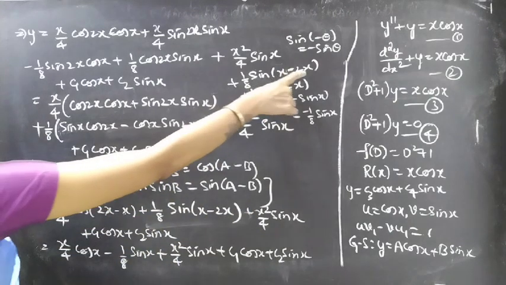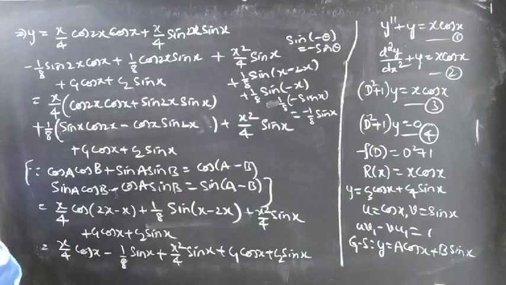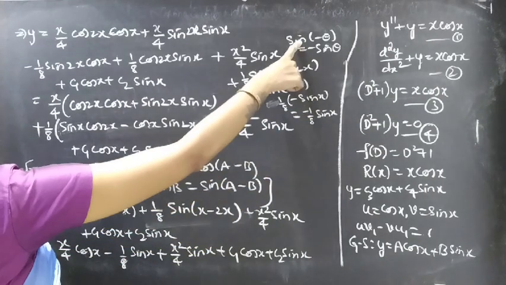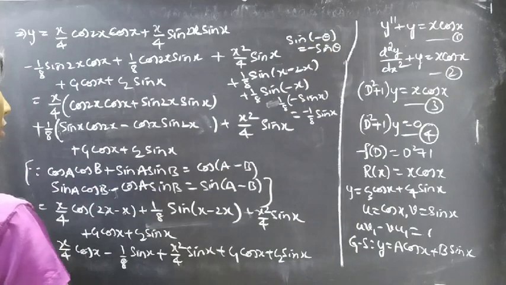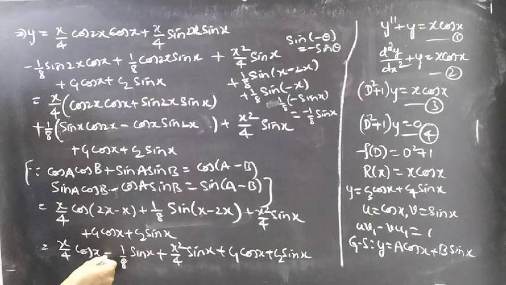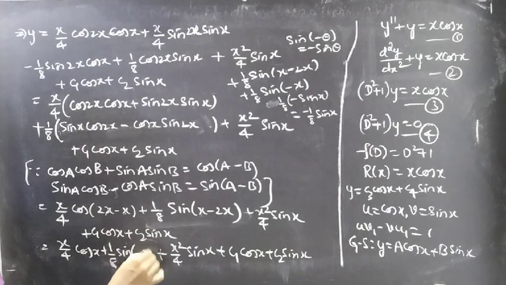Since sin x minus 2x is sin of minus x, and you can write sin of minus x equals minus sin x, since sin of minus theta is minus sin theta. So you'll get minus sin x. Or you can write it as sin of minus x.